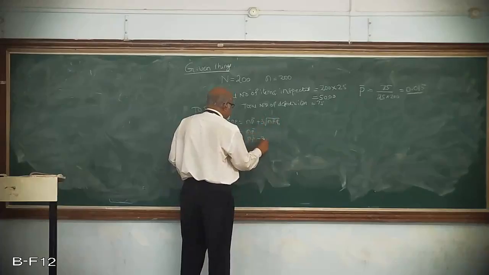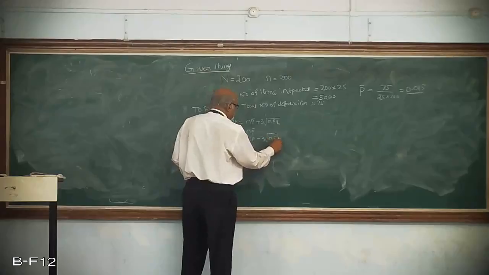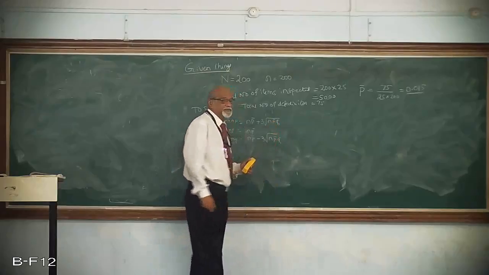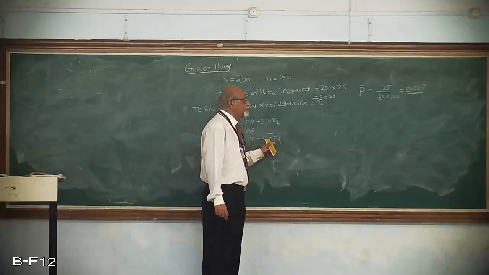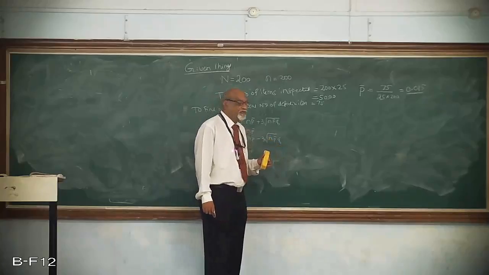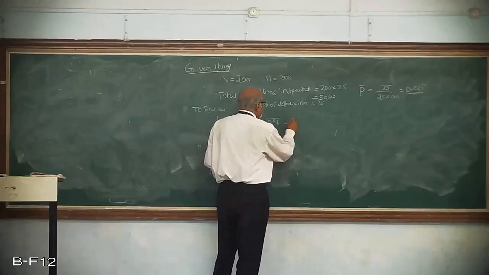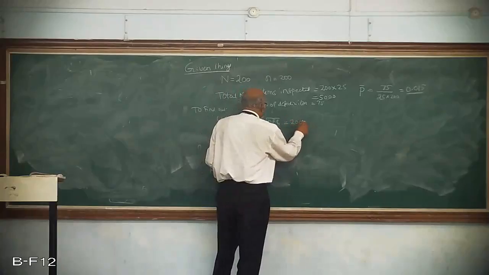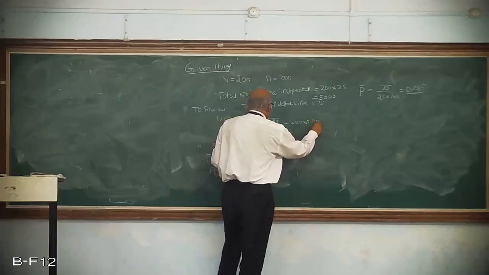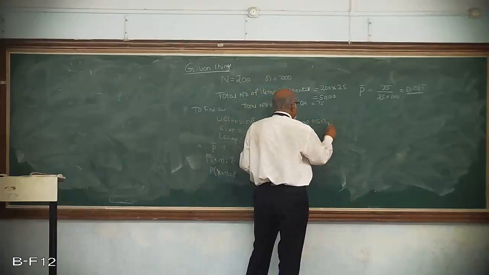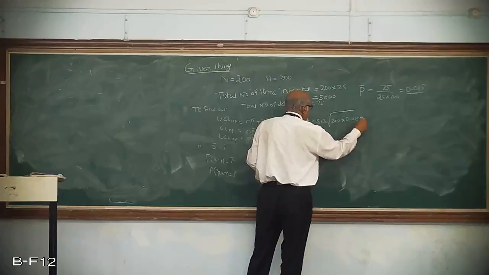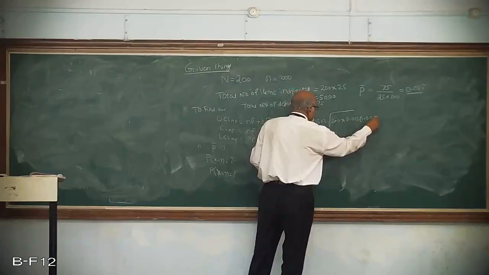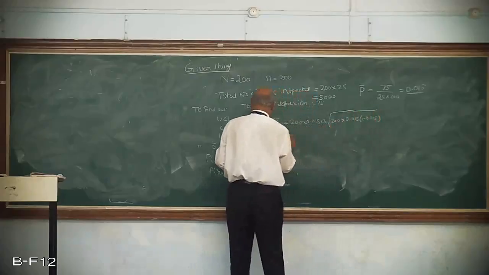Okay, this is NP bar minus 3 under root NP bar Q bar. Okay. So now P bar is equal to 0.015 and Q bar is 1 minus 0.015. So I just substitute all the values: 200 into 0.015 plus 3 under root 200 into 0.015 into 1 minus 0.015.